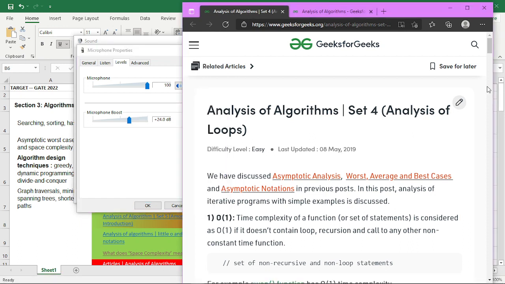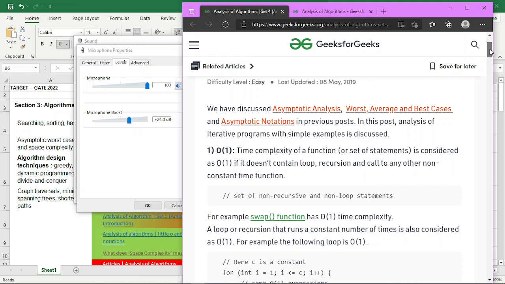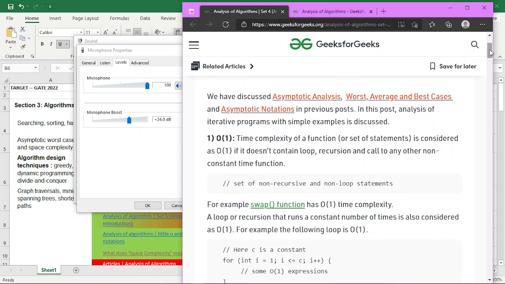Yeah, so here analysis of loops is the topic in which we will be determining the time complexity by just seeing the loop. For order of one time complexity, there is no loop. If there is no loop in the function, then you can say that for that algorithm, order of one time complexity is there.